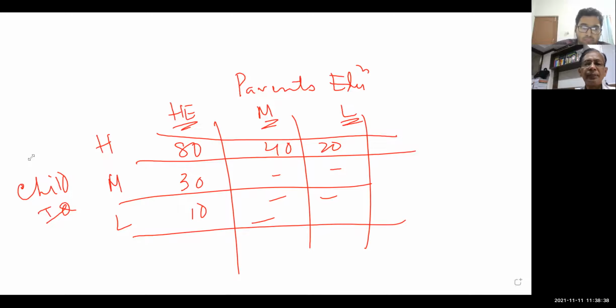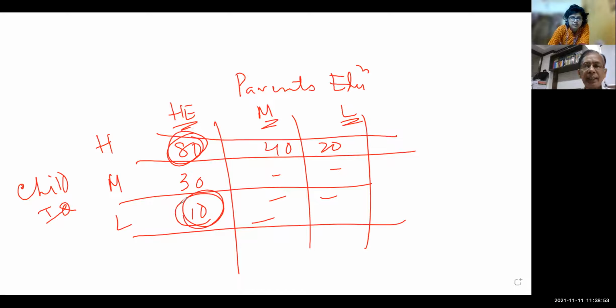What Prince is perhaps suggesting, look, the highest frequency is here. If parents are highly educated, you are getting it. Yes, some parents may have a child with less IQ, but this is very less. Similarly here also it is gradually decreasing. So there is a pattern. So we can say parents' education has some link, dependence, with child's IQ.